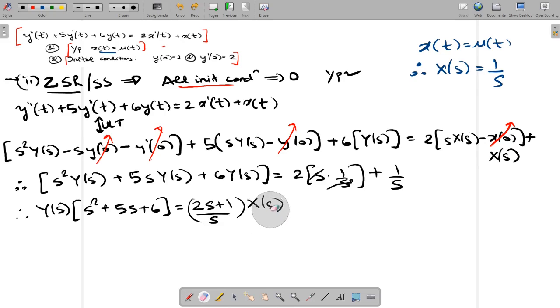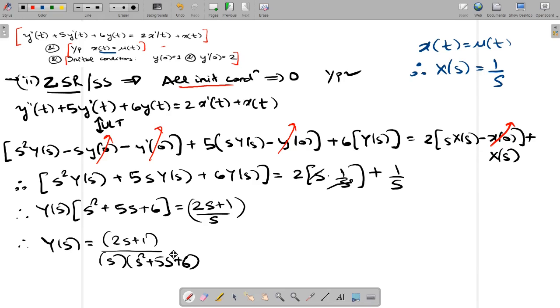We have already substituted x of s. Therefore y of s is equal to 2s plus 1 upon s, s squared plus 5s plus 6.